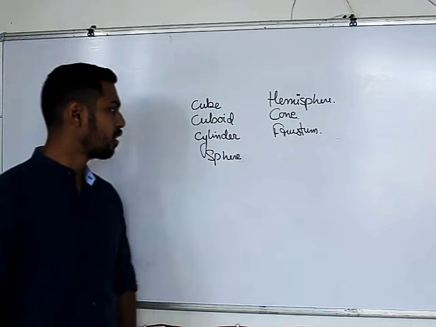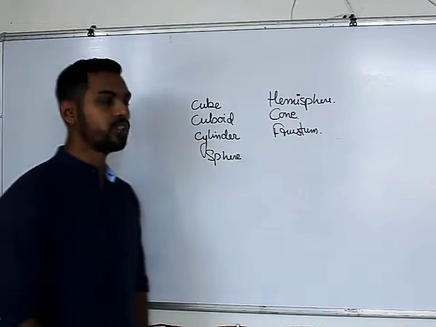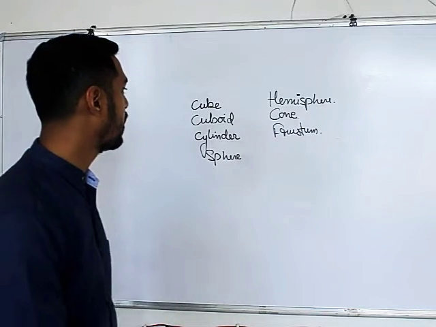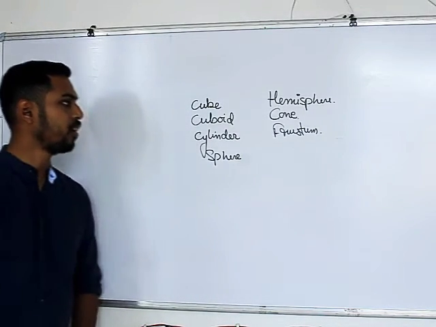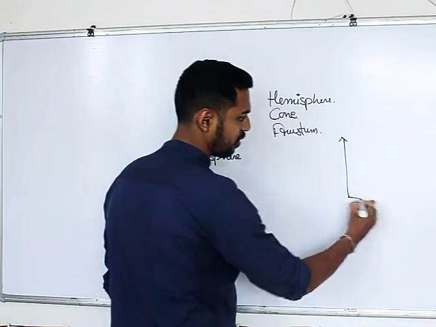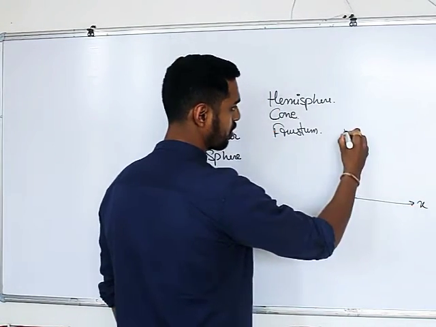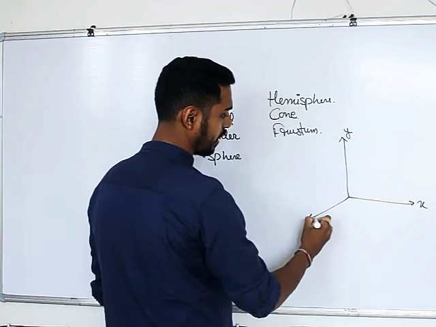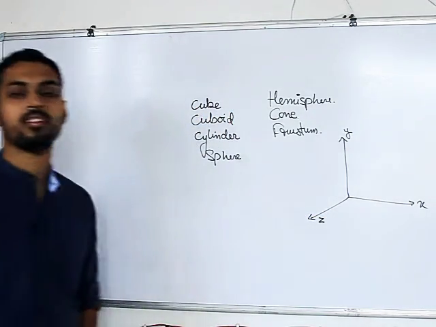So these are the shapes which we are going to discuss, and all these shapes are in 3 dimensions. That means they have x-axis, y-axis and z-axis. Okay.